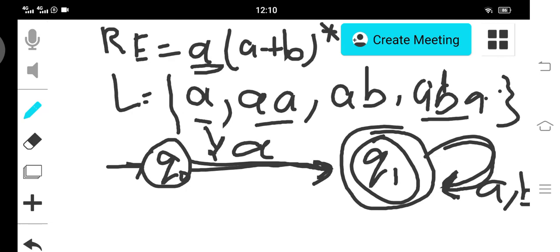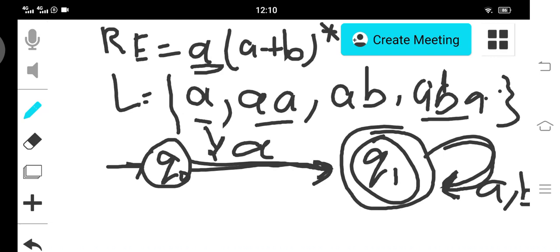This is our finite automata, but the rules say that on each state there must be a transition for each alphabet. So for q1 we have only two alphabets, a, b, and on q1 we have a transition for both alphabets.